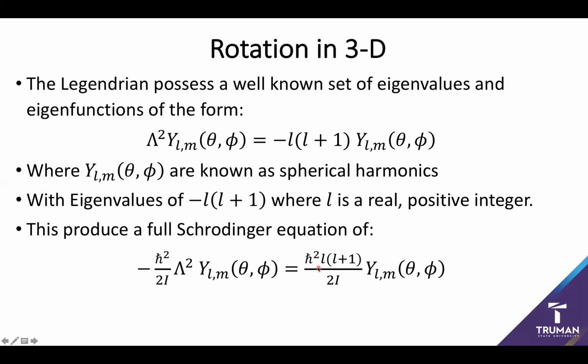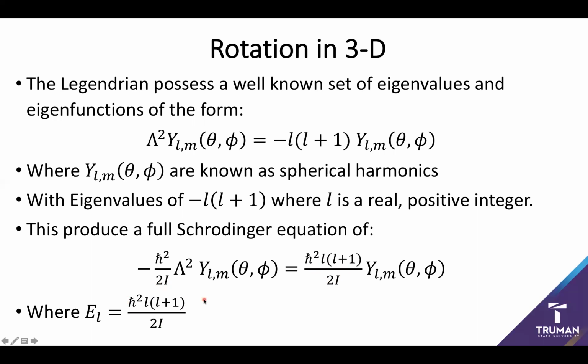It's just going to be h bar squared times the rotational quantum number L times L plus 1, over twice the moment of inertia. So this is more or less going to be our energy eigenvalues.